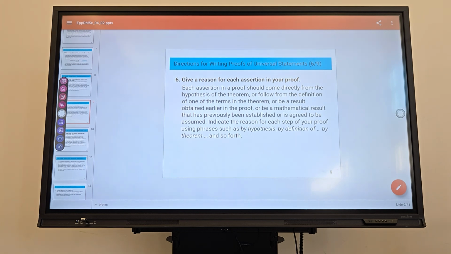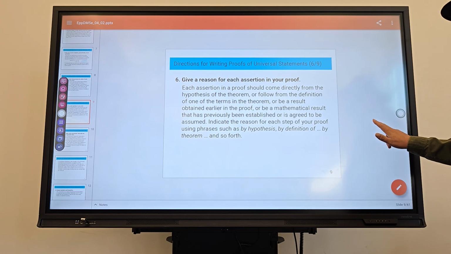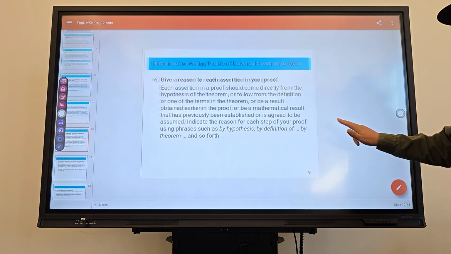Indicate the reason for each step of your proof by using phrases such as by hypothesis, by definition of, or by theorem such-and-such, and so forth. But each step needs to have a reason for it.